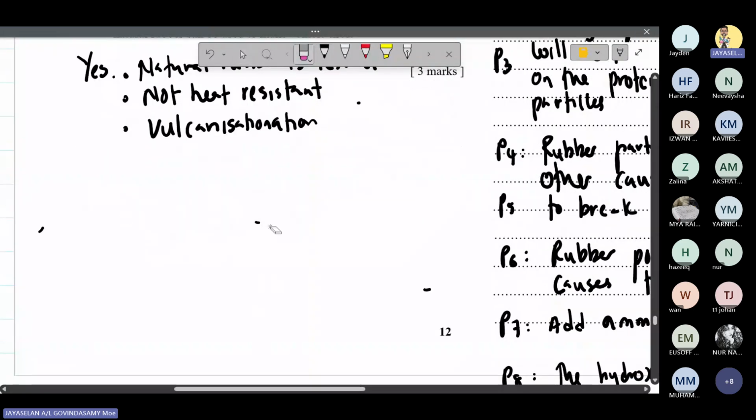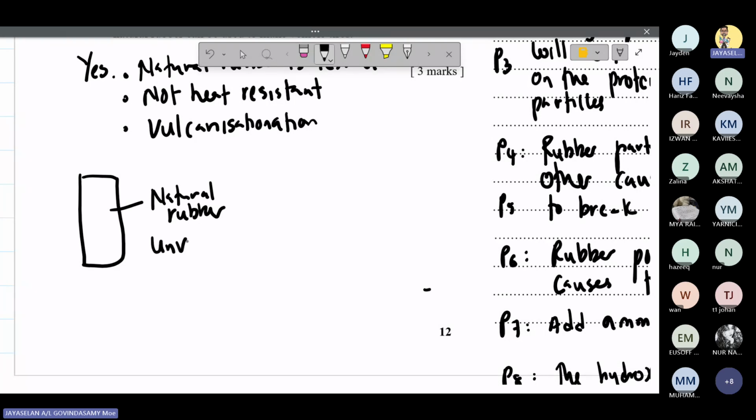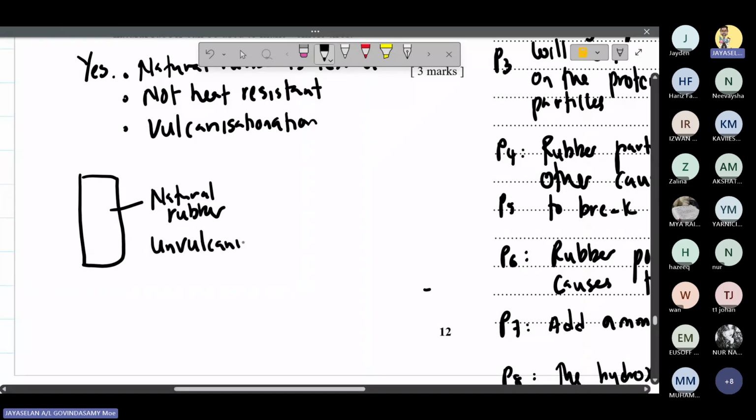In the laboratory, how do we do the vulcanization process? We cut the natural rubber, which we call unvulcanized rubber.